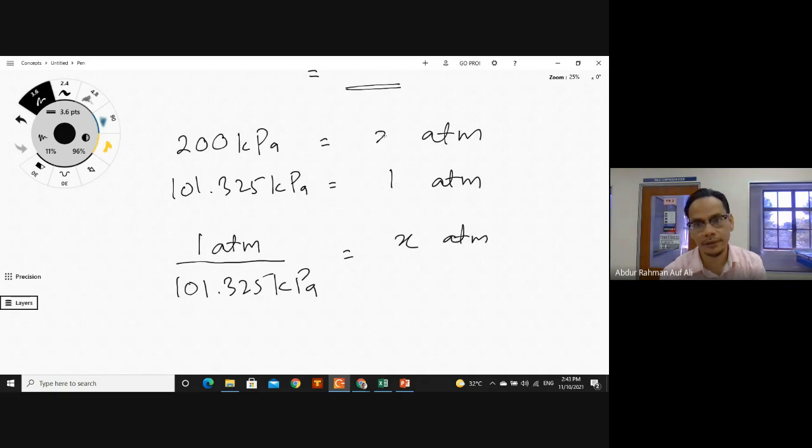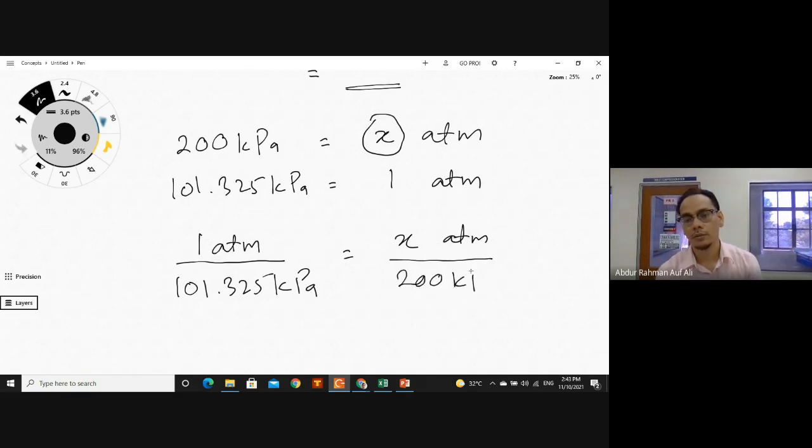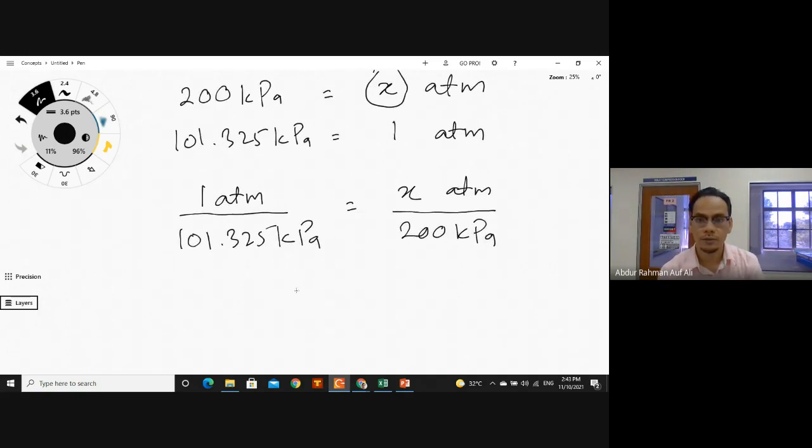This is X ATM, we want to find the value of X. Okay? And then divided by 200 kilopascal. Then make X your unknown, let it stand alone. So that means the 200 kilopascal, you bring to the left hand side.